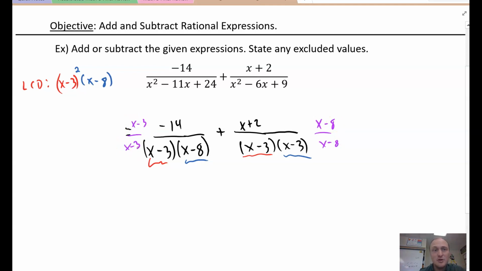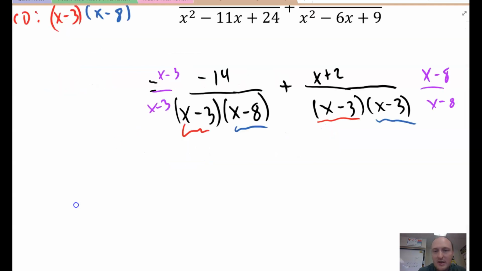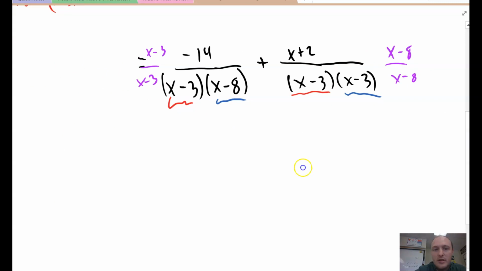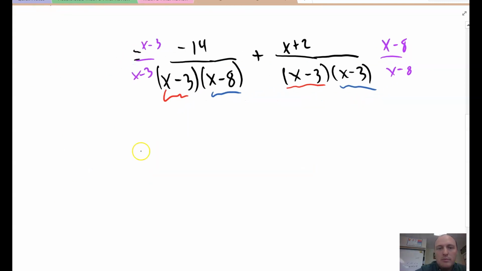Okay, that's kind of a shortcut way of doing it. If Ms. Page wants you to write it all the way out, then that's what you're doing, but I'm okay if you do it that way. So I have -14x minus, that'd be what, 42?